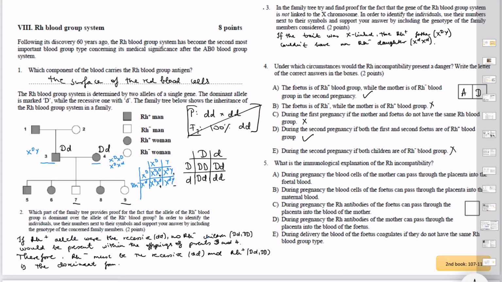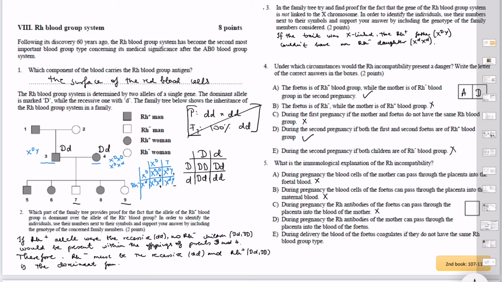Okay. What is the immunological explanation of the Rh incompatibility? During pregnancy, the blood cells of the mother can pass through the placenta into the fetal blood. That's definitely no. During pregnancy, the blood cells of the fetus can pass through the placenta into the maternal blood. No. During pregnancy, the Rh antibodies of the fetus can pass through the placenta.